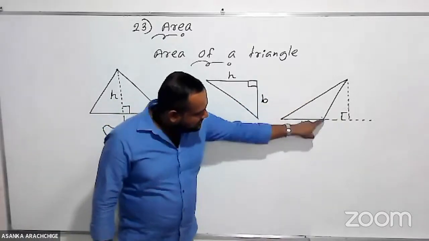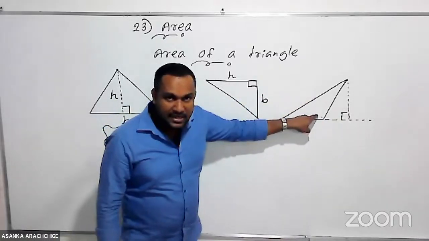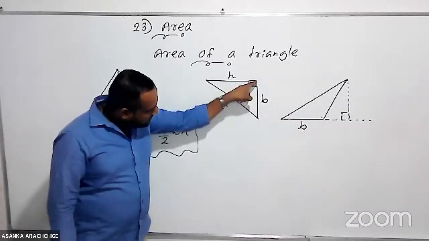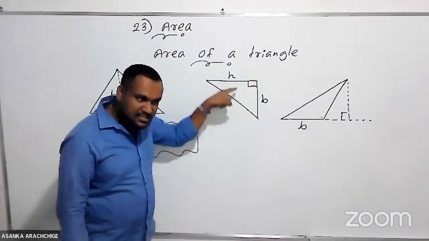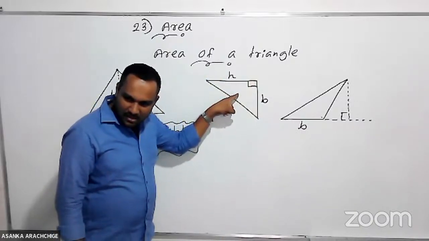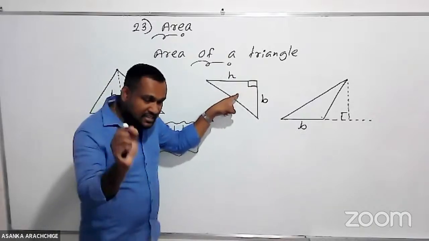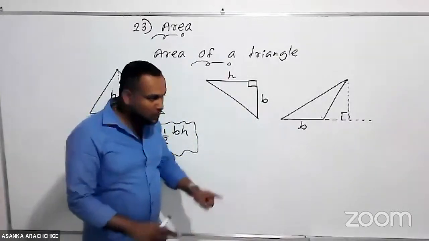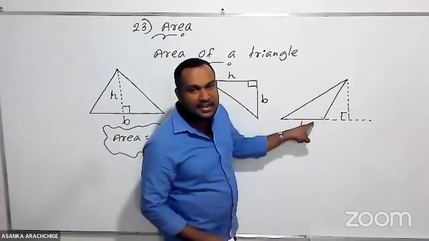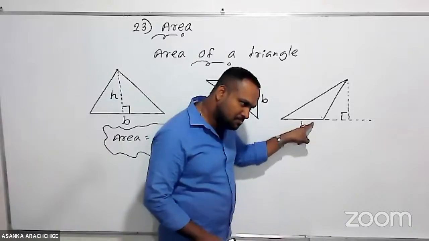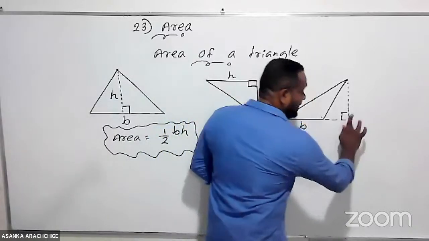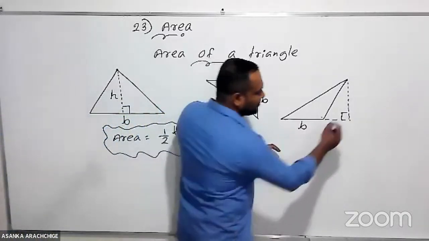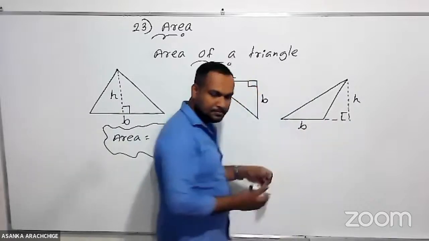If this is the base, the perpendicular height can be taken inside the triangle. Here also, if this is the base, the perpendicular height comes inside the triangle. Now the area is half into base into perpendicular height.